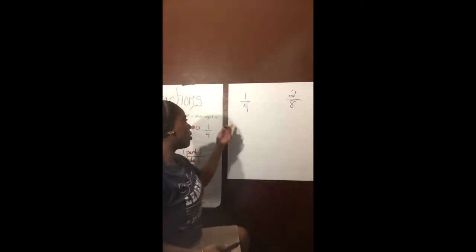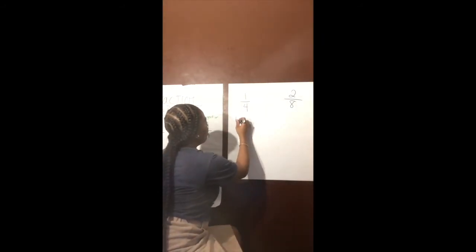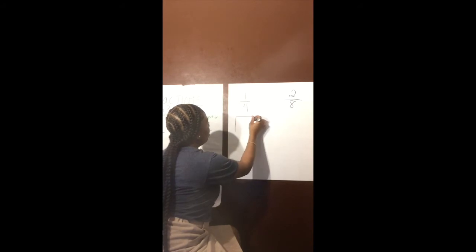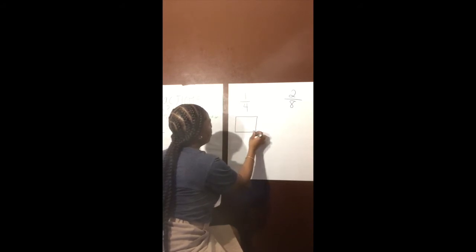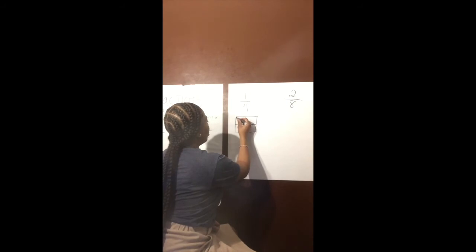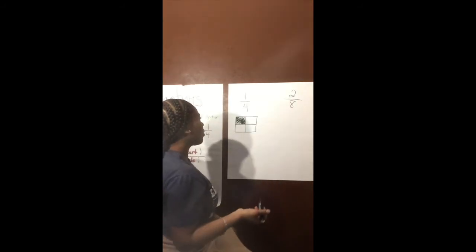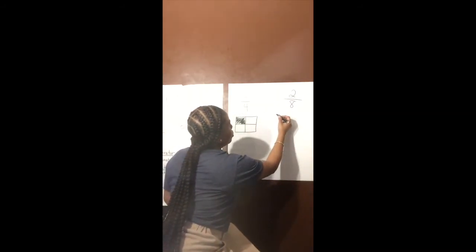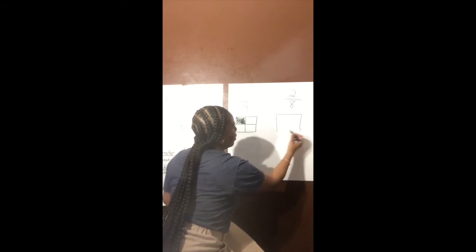Right here under this 1/4, I am going to draw a fraction model of 1/4. And I'm going to shade in 1/4 of this fraction model. And right here, I'm going to draw our same 1/4 fraction model.